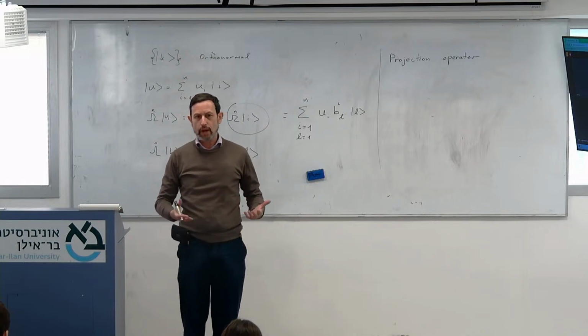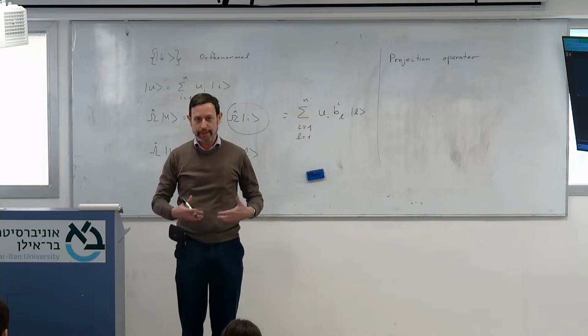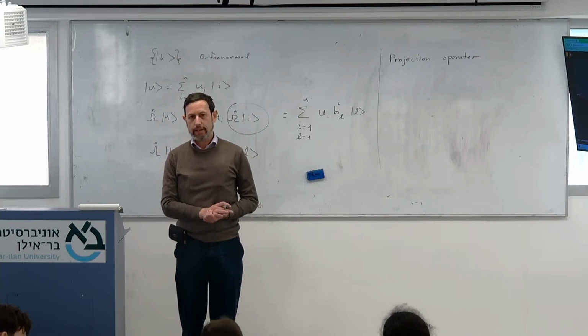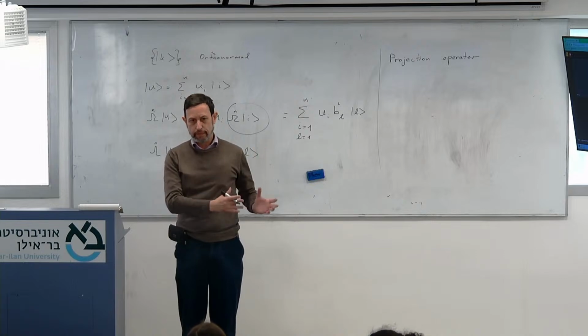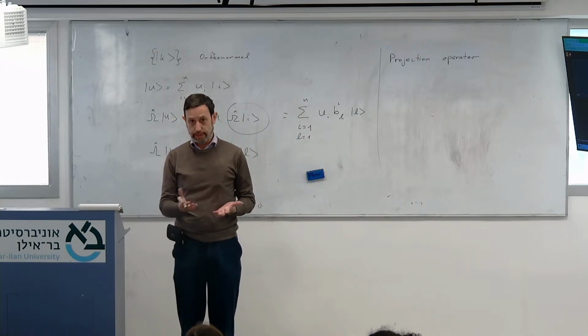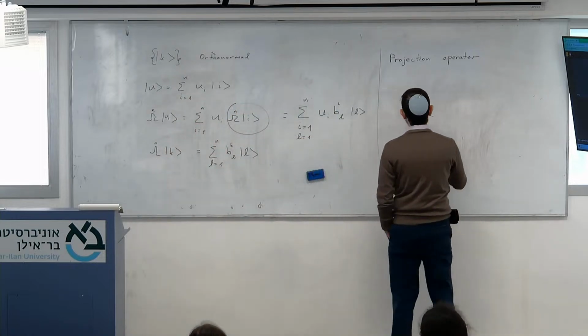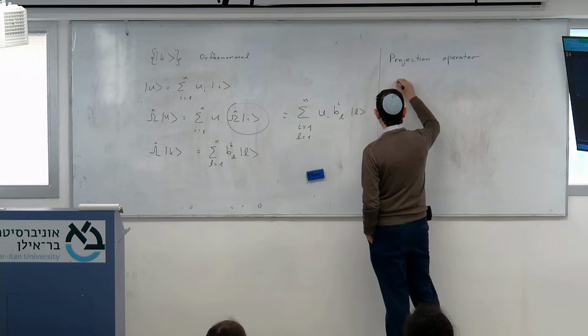So I have to write an operator, something that takes a vector and gives me another vector.